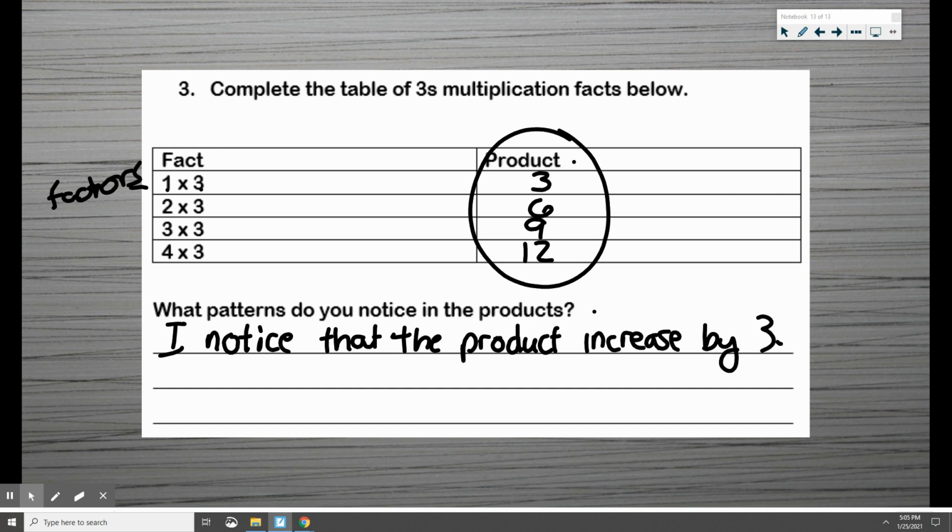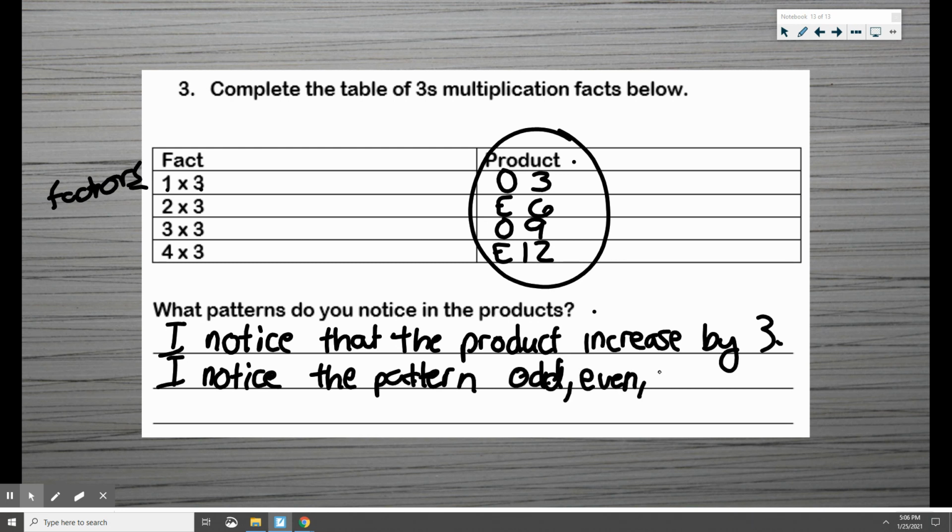I also notice another pattern. The pattern goes odd, even, odd, even. So I notice the pattern odd, even, odd, even.